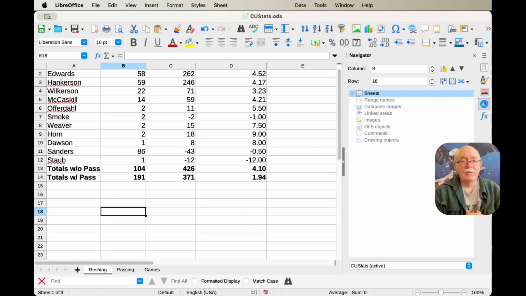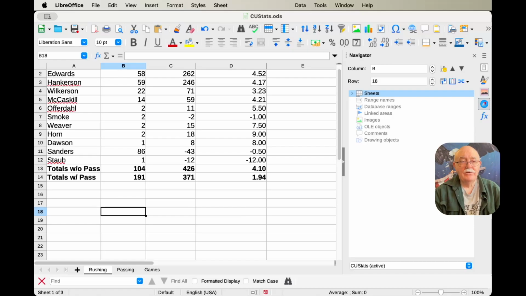So you can see that Sanders has 86 rushes and Rusty Staub has 1. And Sanders has lost 43 yards and Staub has lost 12 yards. But if I want to understand, or you want to understand what's going on with the running backs, you have to remove those numbers from the stats in order to figure that out.